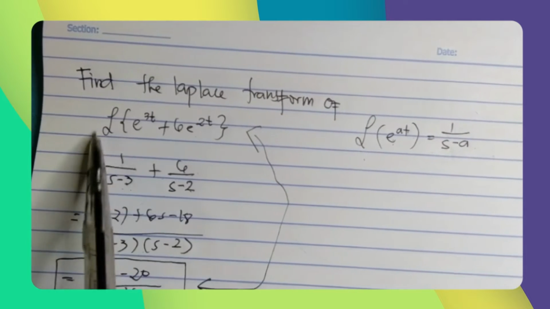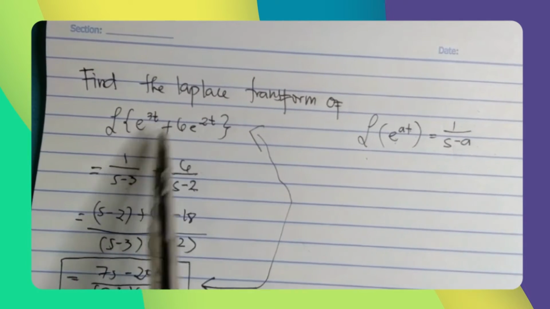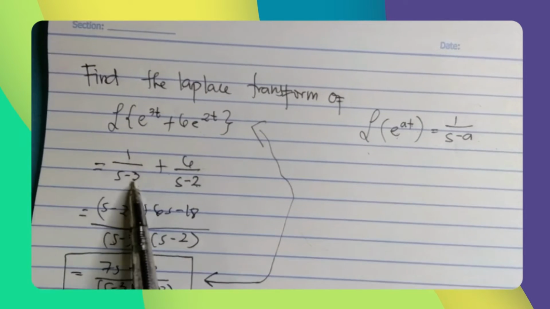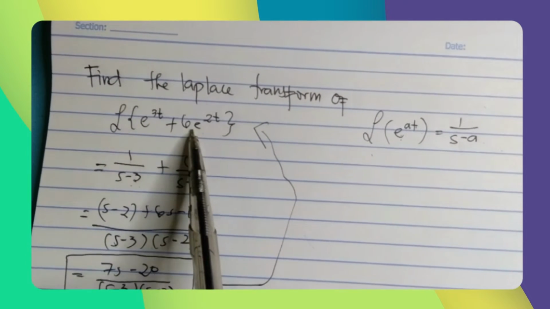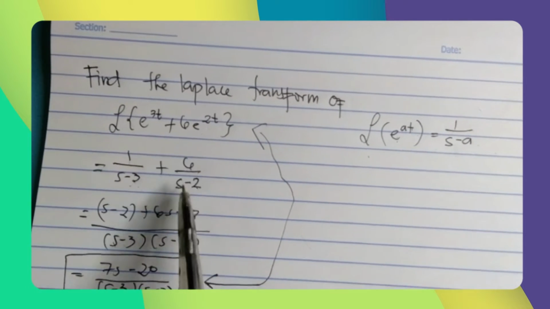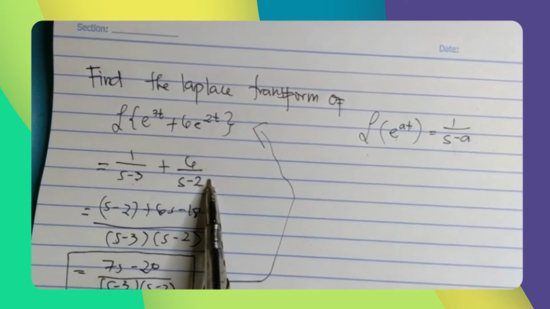So all we need to do is to substitute the given value of a here at the denominator. So 1 over s minus 3 plus, since e has a coefficient of 6, then we will put it here, and s minus 2.